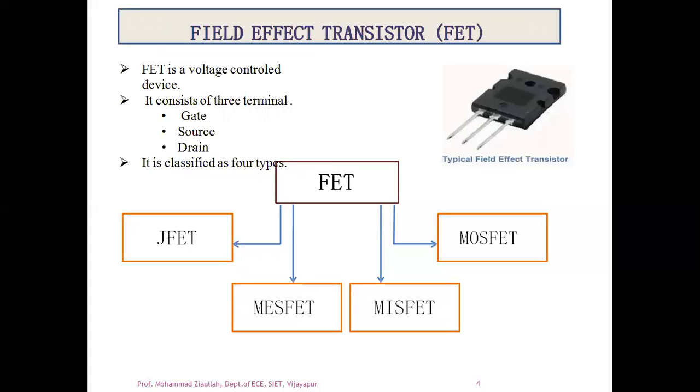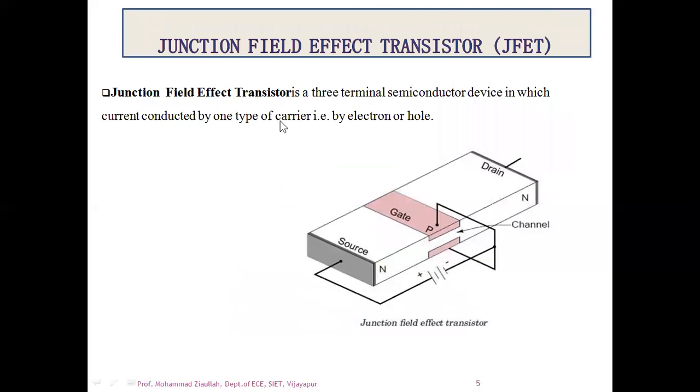These four classifications of transistors fall under the FET, which is basically used as a voltage controlled device in many semiconductor applications or in industrial applications. This field effect transistor has three terminals, that is gate, source, and drain.